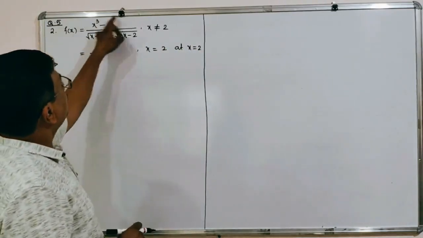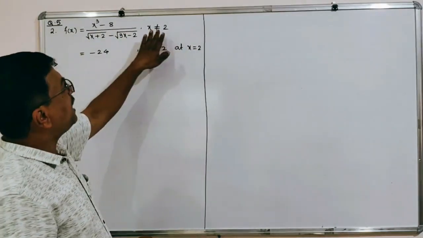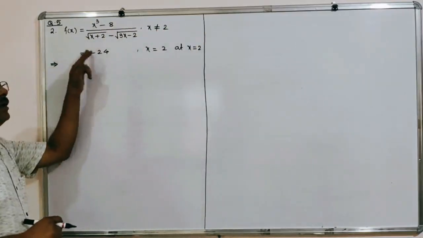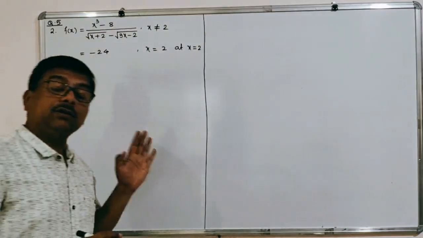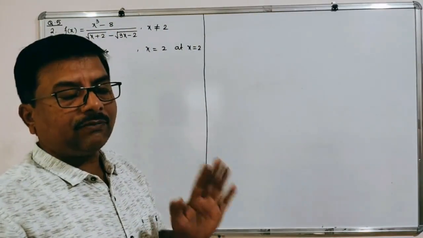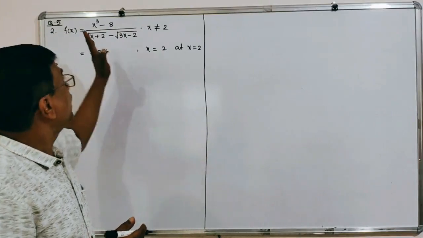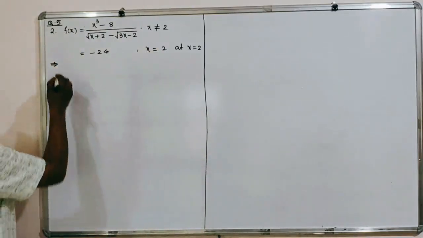Here also the function is same for all the values of x less than and greater than 2. Hence there is no need to find left hand limit and right hand limit. We are just finding the limit of the function as x tends to 2 directly.